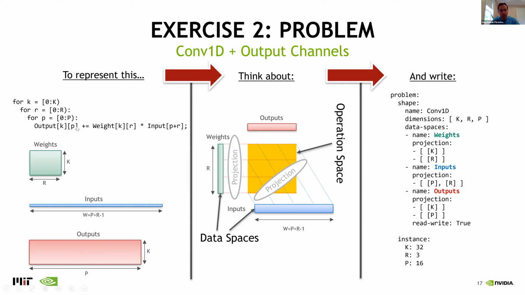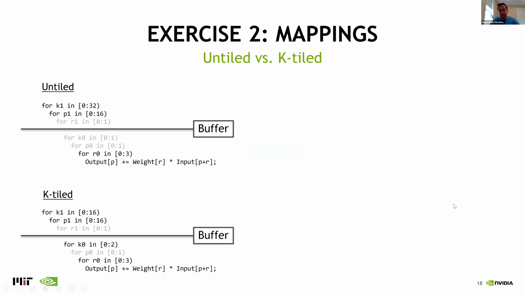So K and P, that's why we've got two lines here, and everything else basically remains the same. Your weights now have two, outputs now have two, inputs have exactly one. But it's this SOP form representing this P plus R expression. And when we set up the instance, we now have to give it a value for the K dimension as well. Okay. Now for our mappings in this example, we're going to try tiling.